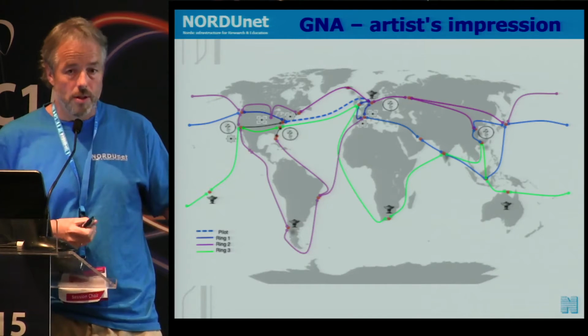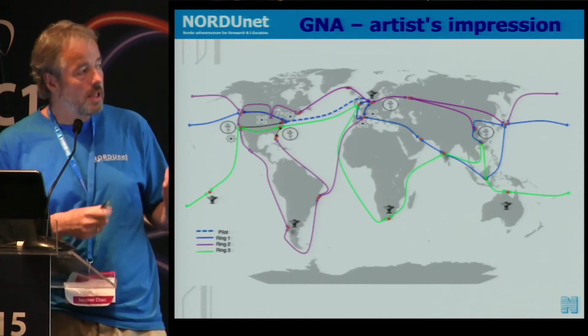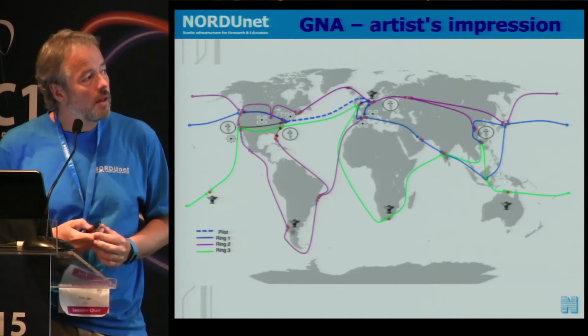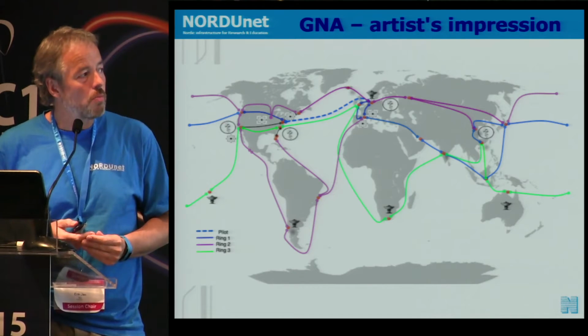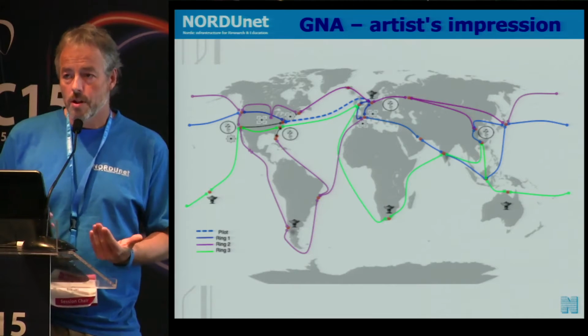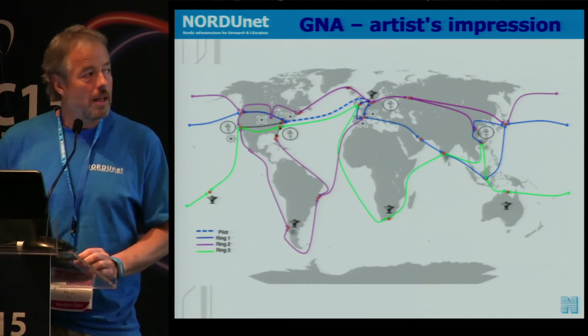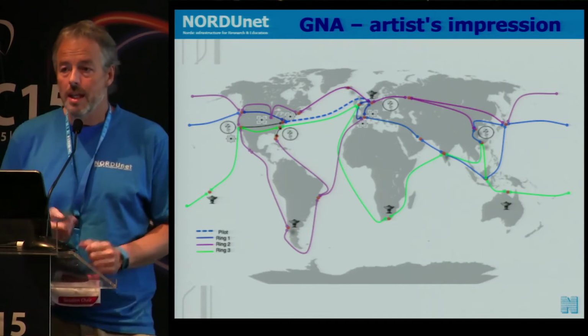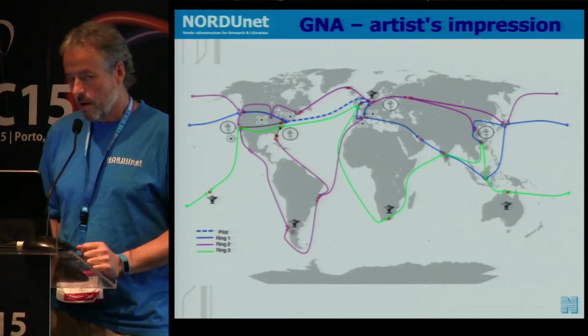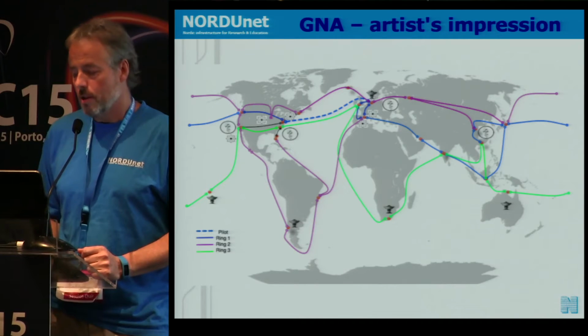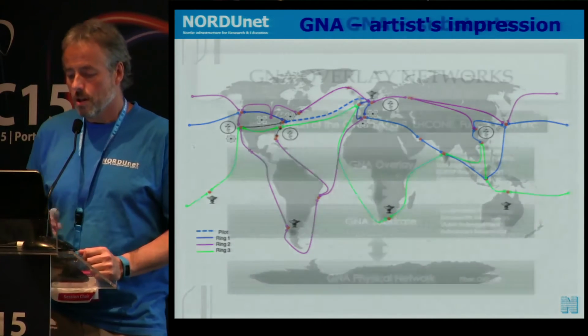That's where important sources and sinks of data will be that we have to accommodate in the GNA blueprint. The subsea fiber systems of the world are an important element, and many other things we consider important input for a well-agreed and commonly agreed network architecture.